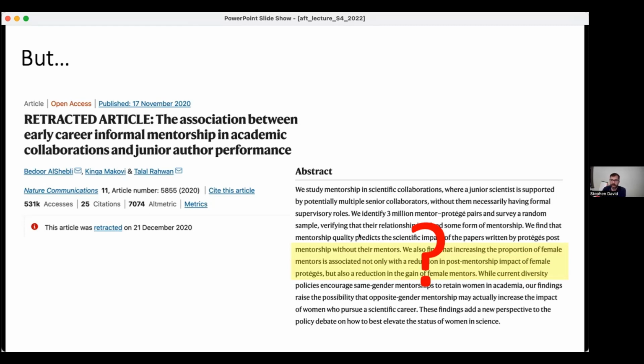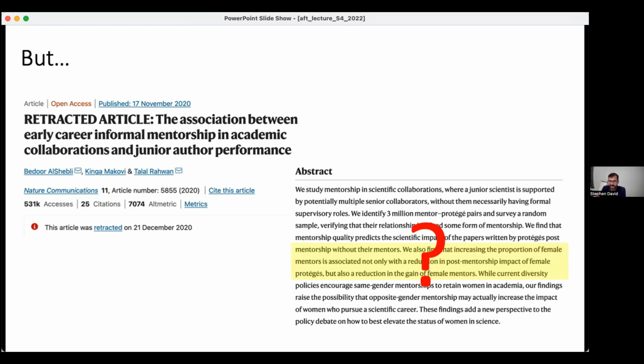This sort of claim that women mentors are somehow bad and somehow negatively impacting the careers of their trainees was not something that people liked hearing. And I'm just going to go out there and say that was a large reason why this paper was retracted. Of course, there were some technical issues around it as well, which you could debate whether retraction was justified.